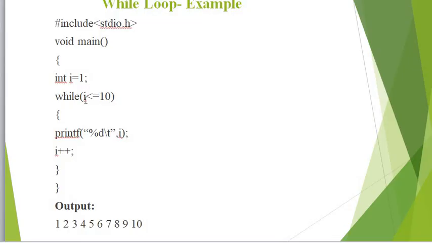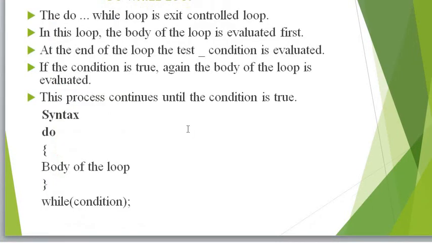If the I value is 11, the condition becomes false. So the loop will not be executed. Until 10, the loop will be executed 10 times. So the output will be from 1 to 10. Once the condition becomes false, the loop will be exited. It will not execute the statement inside the loop.